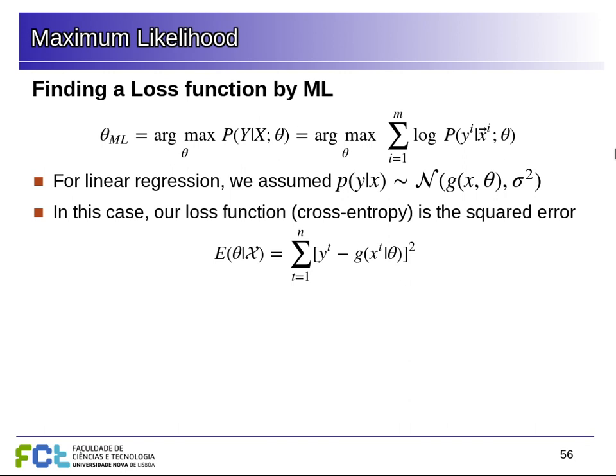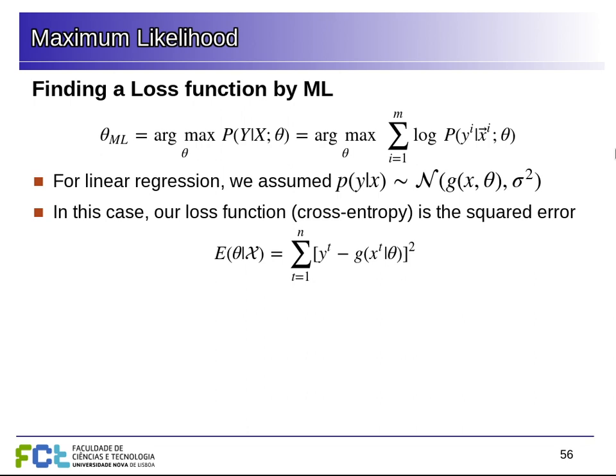So using that and trying to minimize this cross-entropy between the probability distribution the model tells us and the probability distribution of the data, this will be equivalent to minimizing the quadratic error between the predictions and the data points that we have.